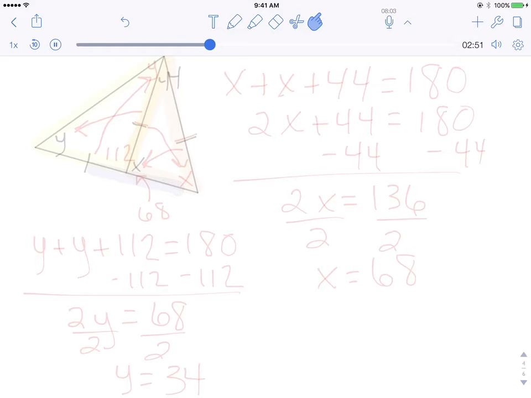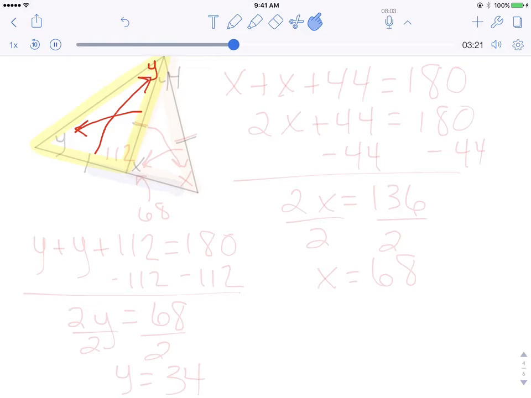In the next example, we're trying to find the value of x and y. Since we know that this triangle has two congruent sides, we know by the isosceles triangle theorem that the angles opposite those sides would also be congruent.